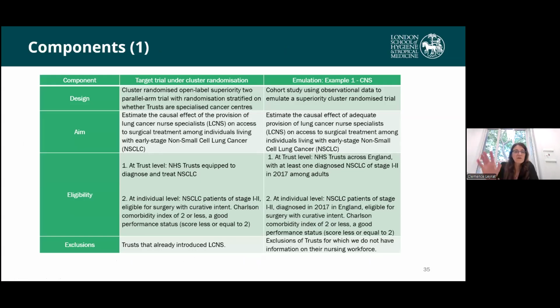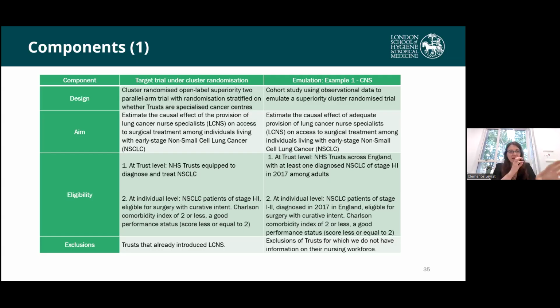So this is a table comparing the different components for the target trial and its emulation. And I will only comment on the most interesting components here, where there may be problems or differences.